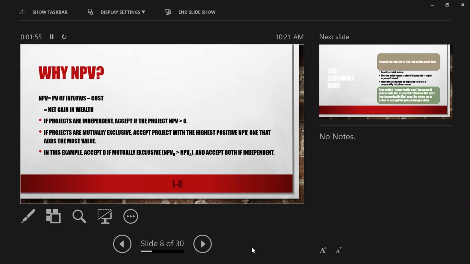That's when the decision becomes a little bit different. How do you start to pick between A and B in that case? That's where the discussion begins. NPV will tell you yes or no, thumbs up or thumbs down to a project. But when you're dealing with mutually exclusive projects, that's where the answer can become a little bit cloudy and you don't always know what the answer should be.